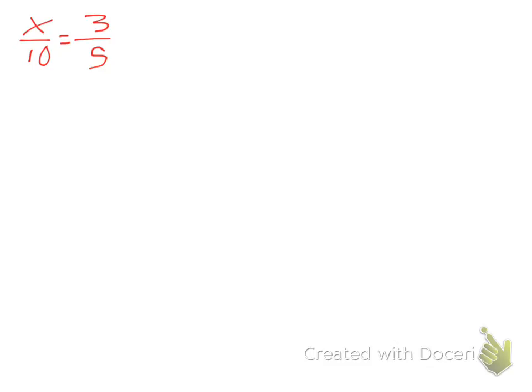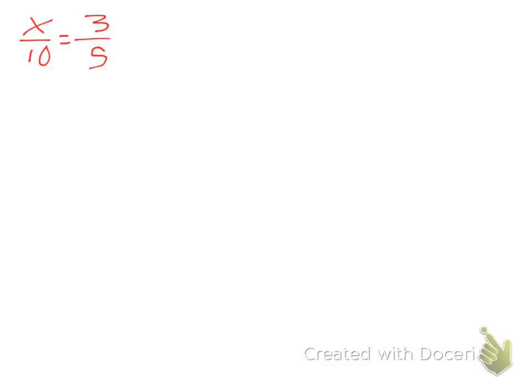Using the idea that I just showed you, that you can cross multiply to prove they're equivalent, I can cross multiply here to solve for an unknown. We have a proportion here where two ratios are equal to each other, but there's a missing number. We don't know what it is.